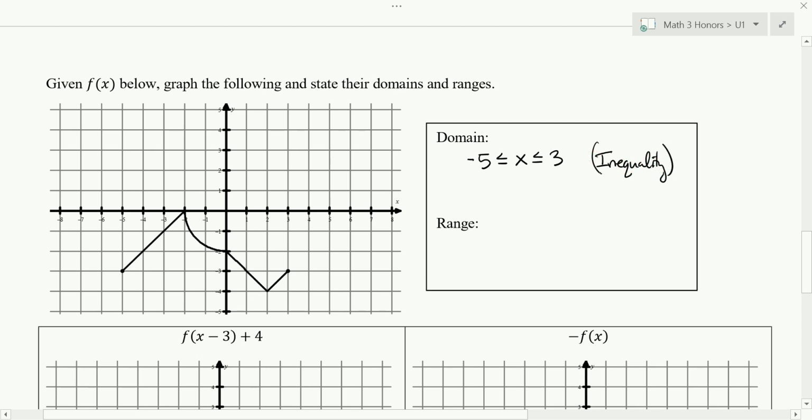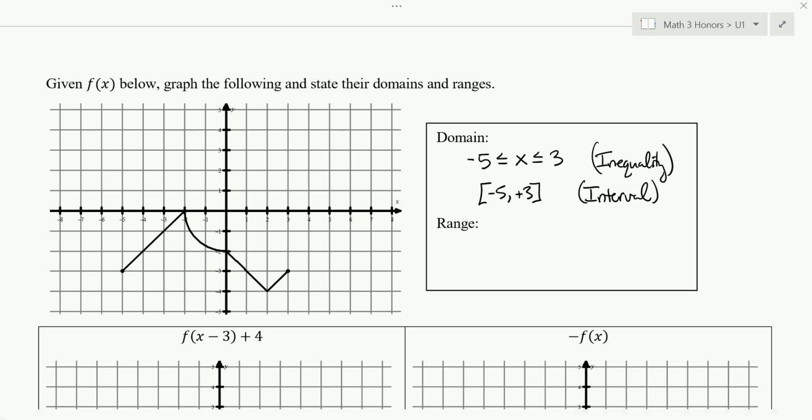What would that look like? Anybody feel comfortable sharing? Michael? All right, so that's interval. Yeah, sorry, positive 3, not negative 3. Thank you. This is accurate. Domain's good.